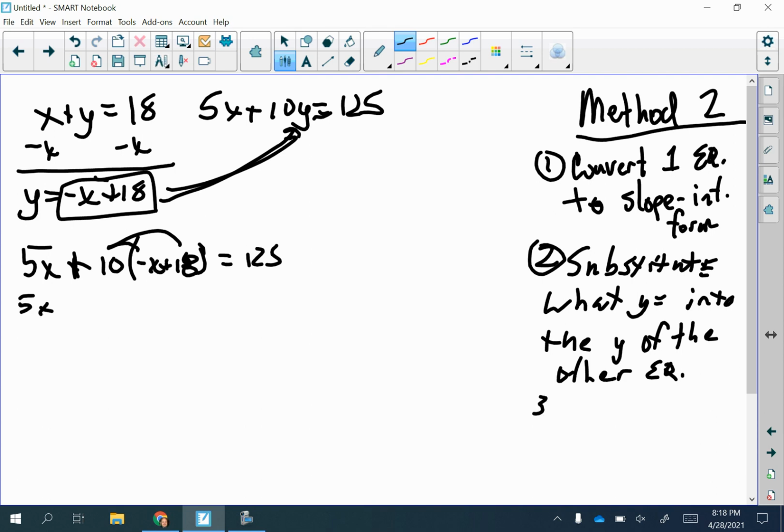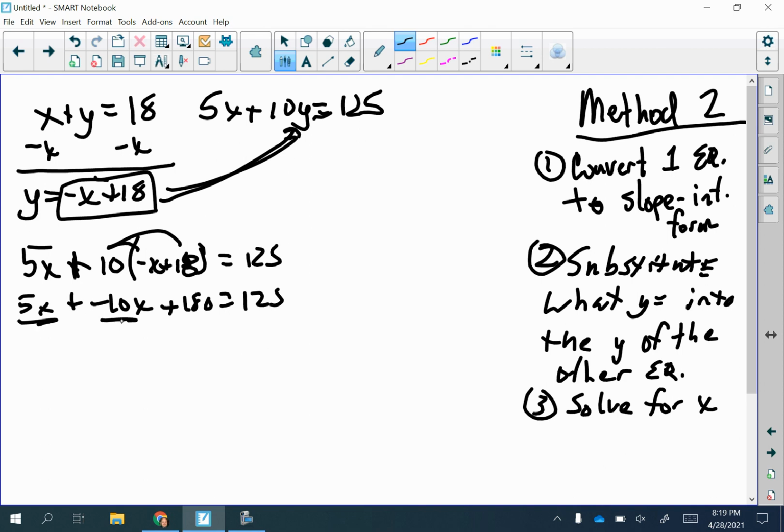So our third step is we're going to solve for x. So we're going to put the 10 in there. We get negative 10x plus 180 equals 125. So when I combine like terms here, 5x minus 10x is negative 5x plus 180 equals 125.